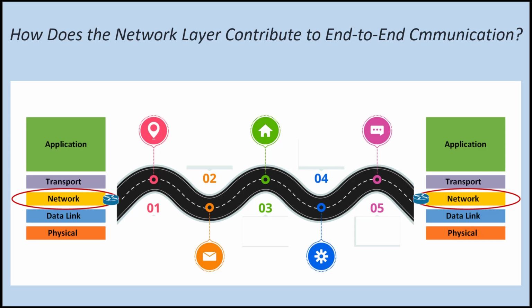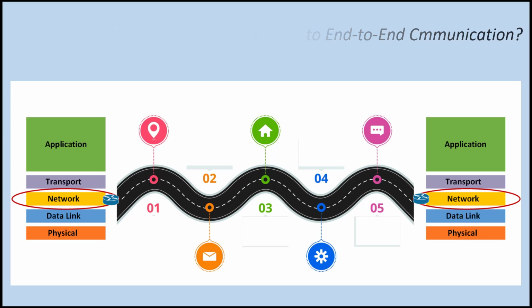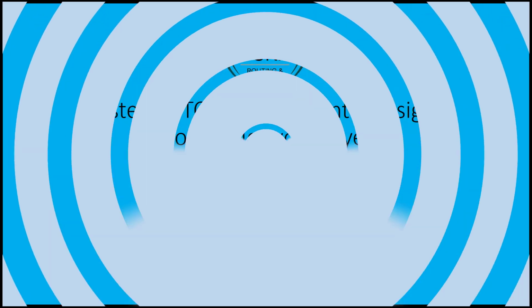The network layer is all about finding the best route. This helps avoid traffic jams and delays, making sure our digital conversation happens smoothly and reliably. In a way, the network layer is the hero working behind the scenes, making sure the symphony of data flows seamlessly across the digital world.